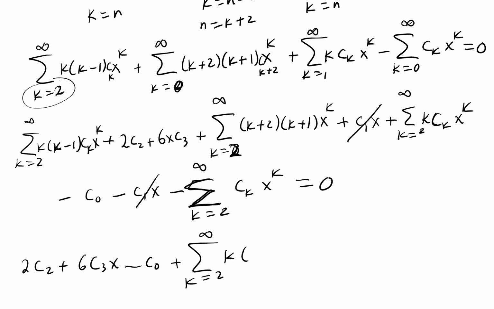The first one was k times (k minus 1) c_k, plus (k plus 2)(k plus 1) c_(k plus 2), plus k c_k. There's a c_k here. I always forget the c_k's.